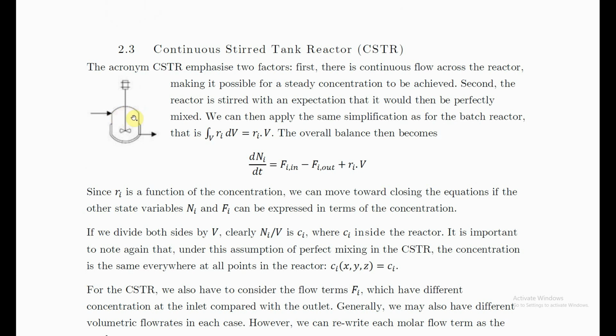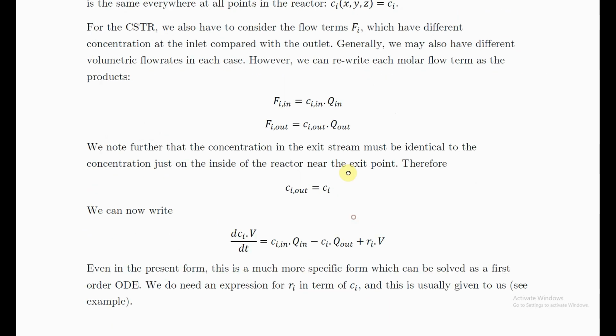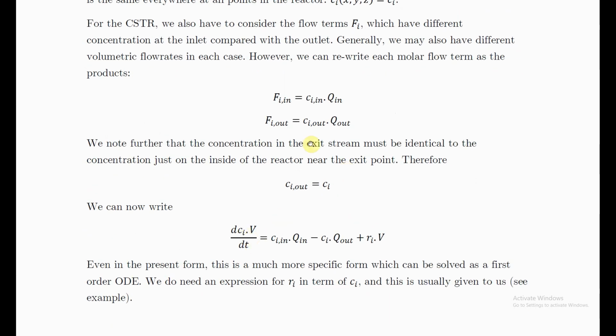The concentration, as we said, is the same at all points because it's got this perfect mixing going on. So perfect mixing means we've got the same concentration at all points in this reactor. So the total number of moles of component I in this reactor is the concentration of component I, which is a single value across this reactor, multiplied by the total reacting volume.